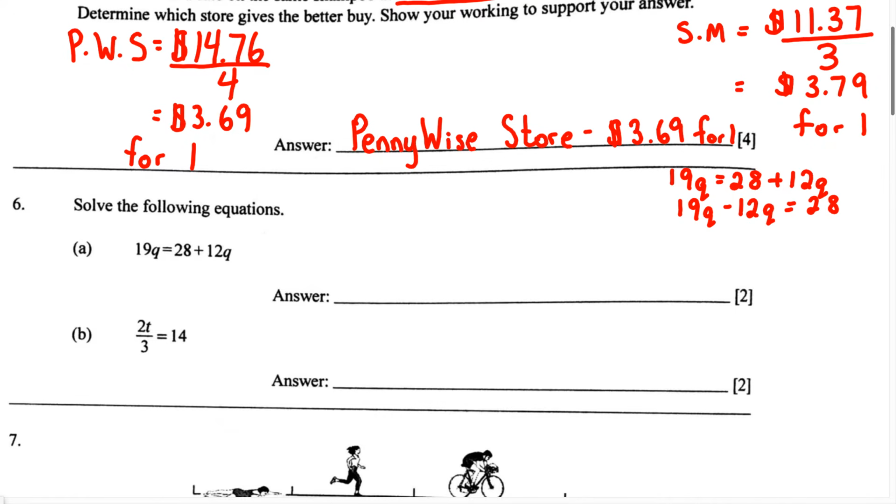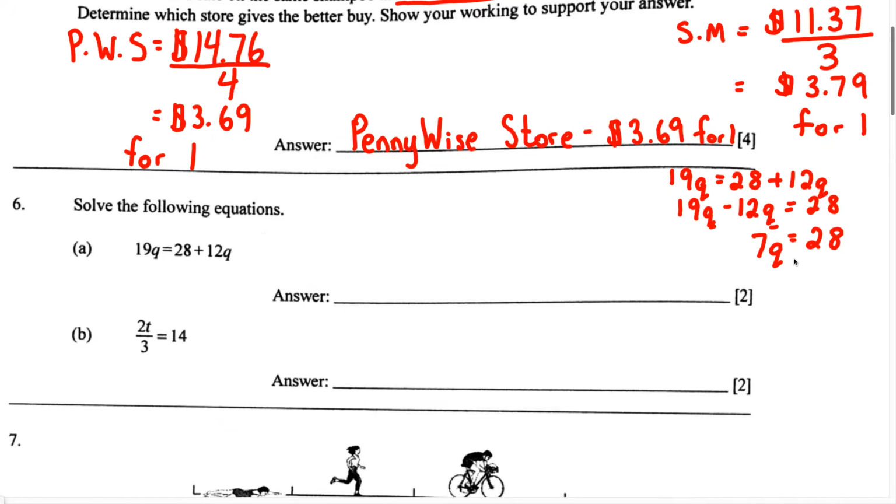Now, because we have like terms, we're just going to subtract the coefficients, or you can say just subtract the numbers. 19 minus 12 is going to give us 7Q equals 28. Anytime we see a situation like this and it doesn't have any sign in between it, this means multiplication. And we should know the opposite of multiplication is going to be division.